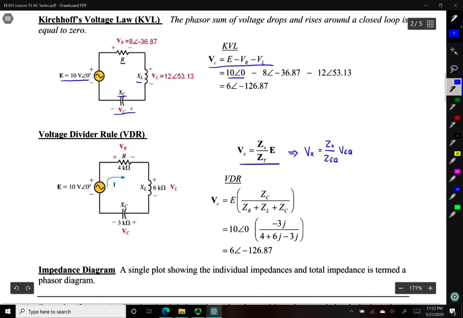Right, so if we plugged in the minus 3J, the impedance of our capacitor, and then we have that over 4 plus 6J minus 3J. Although these are all in kilo ohms, what we're doing is just pulling out that kilo ohm term and canceling it out, since it's common to all of the impedance elements in this circuit.